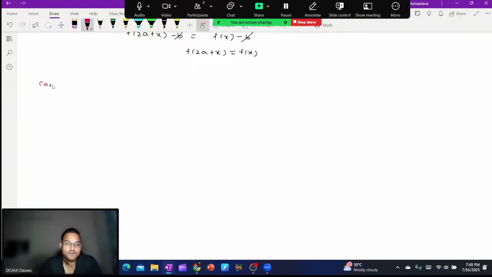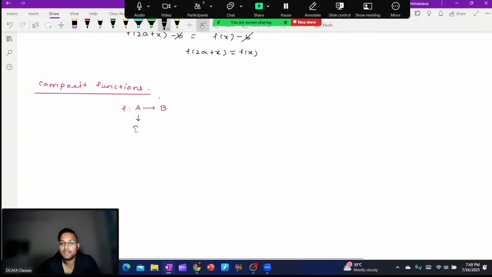Now let me move on to composite functions. What are composite functions? If one function f moves from A to B, where A represents the domain, all input values of x, and B represents the codomain.